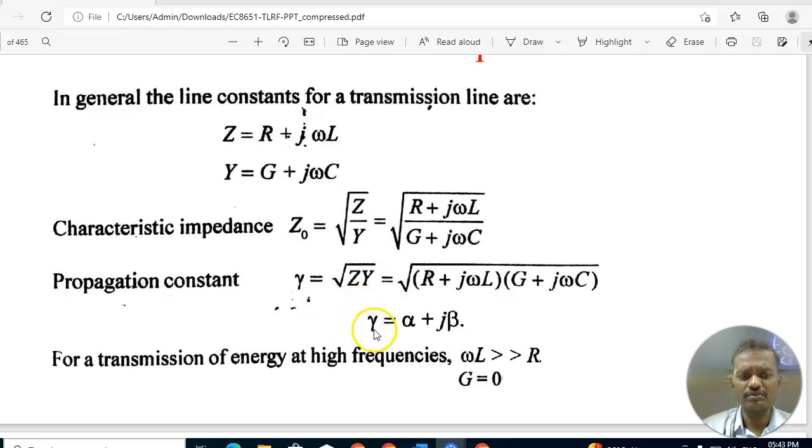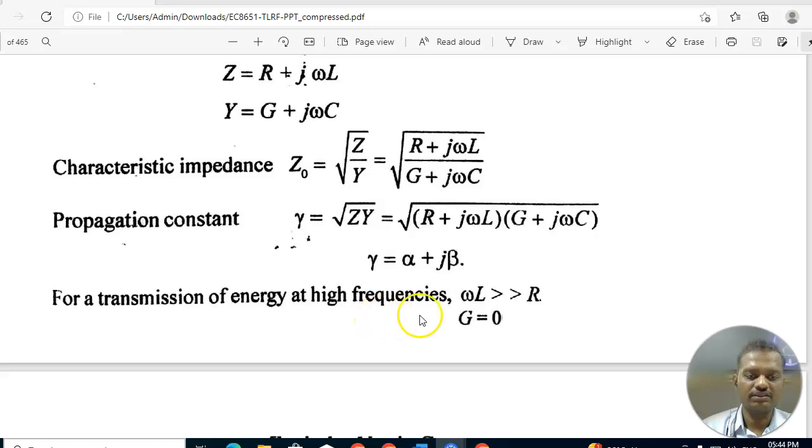The propagation constant gamma is equal to alpha plus j beta, where alpha is the attenuation factor and beta is the phase or propagation factor, and j is an imaginary term. For high frequency, the assumptions we made are omega L greater than or equal to R, and G equal to 0.